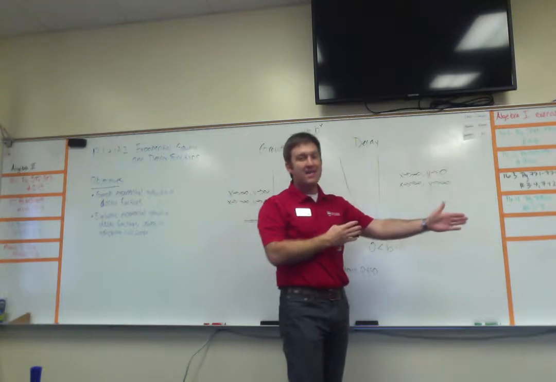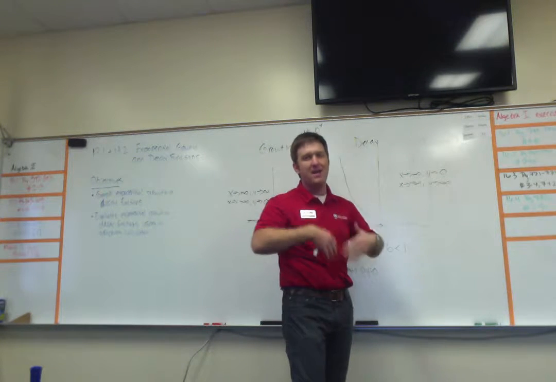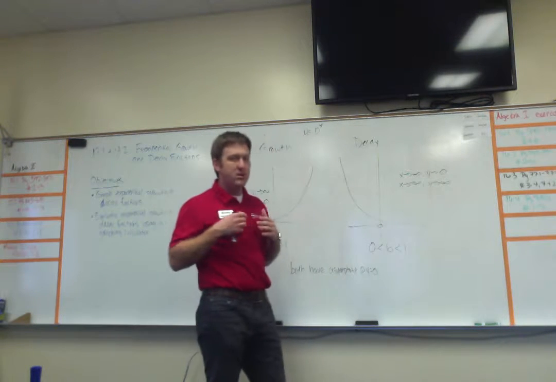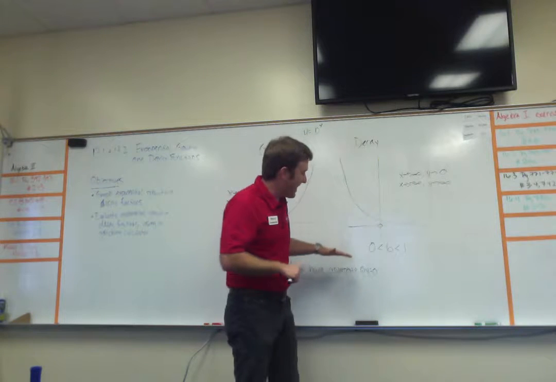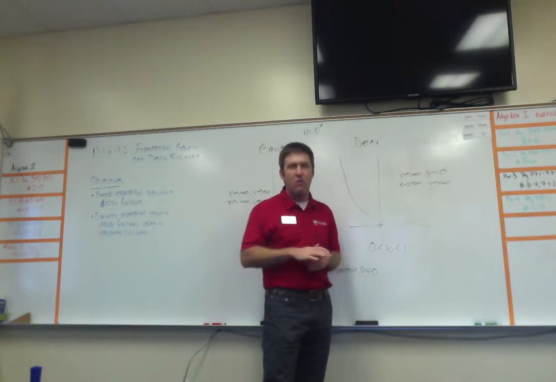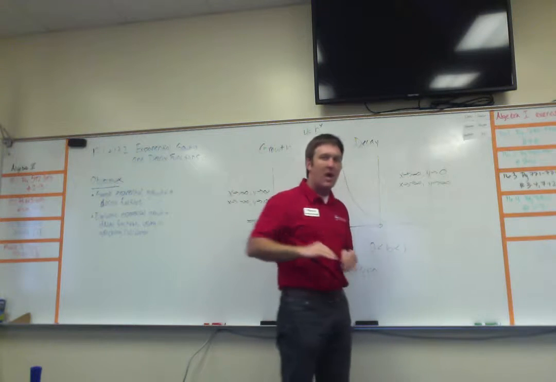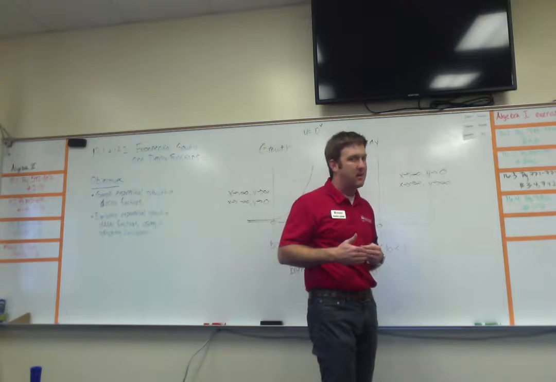As my x gets larger, the exponent gets larger, I'm multiplying again and again by a fraction. So when I multiply by a fraction, my number gets smaller and smaller. And again, I have a horizontal asymptote of y equals 0, because I'll never get to 0. I'll just approach it as I multiply by a fraction again and again.